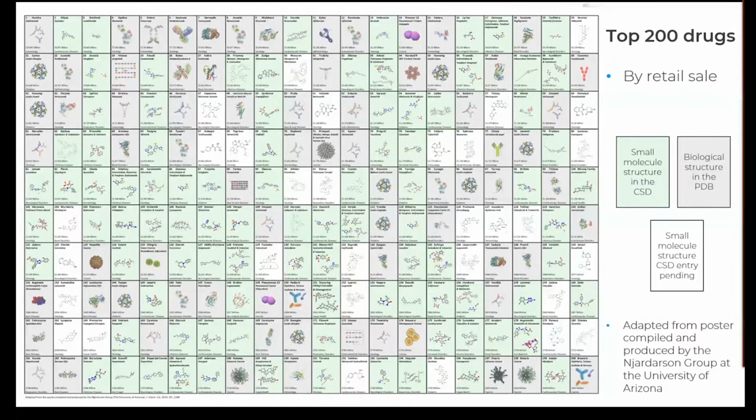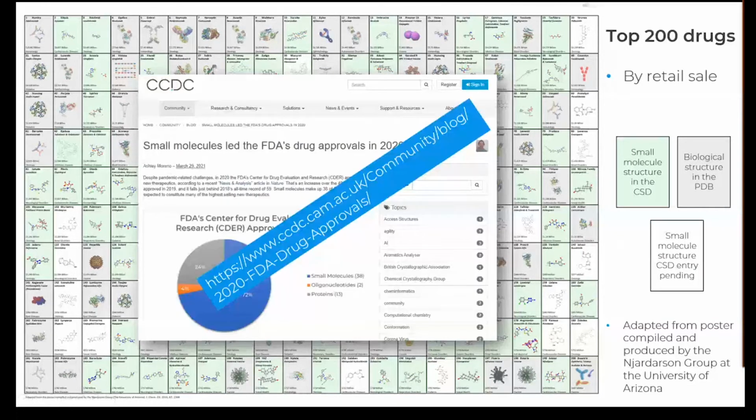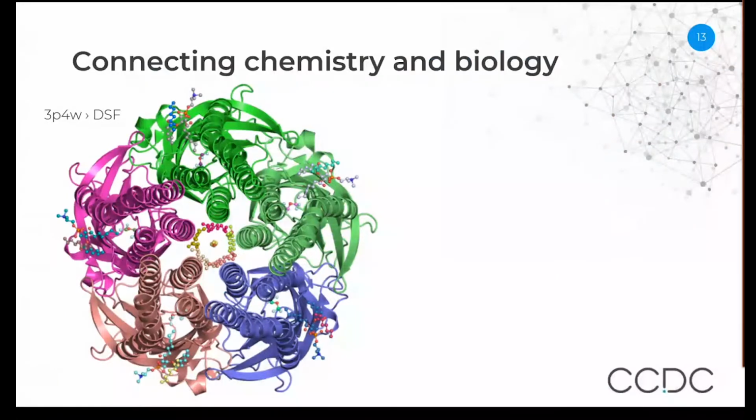So you can see there's really a wealth of information about the drug structures in the CSD. If you want to learn more about the drugs in the CSD, we've recently published a blog about the FDA's drug approvals in 2020, so do check out our blog space. As well as drug molecules, the CSD also contains ligand structures such as glycine. Here we can see a protein structure in the PDB, and you can just about see a ligand. We can highlight that ligand in blue.